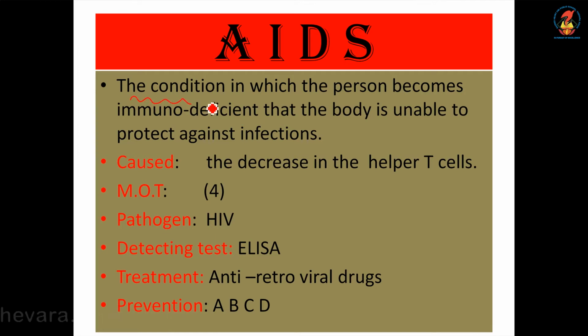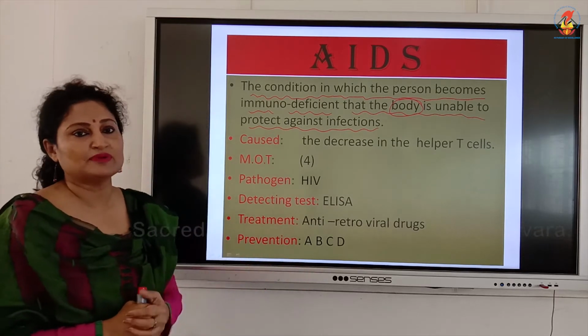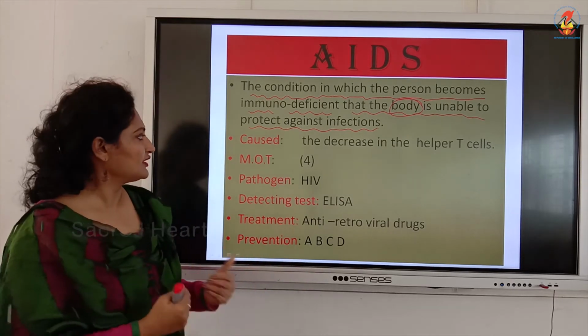So, AIDS is a condition in which the person becomes immunodeficient, and the body is unable to protect against infection. The immune system is unable to protect the body against any infections. Even the slightest cold he is susceptible to.